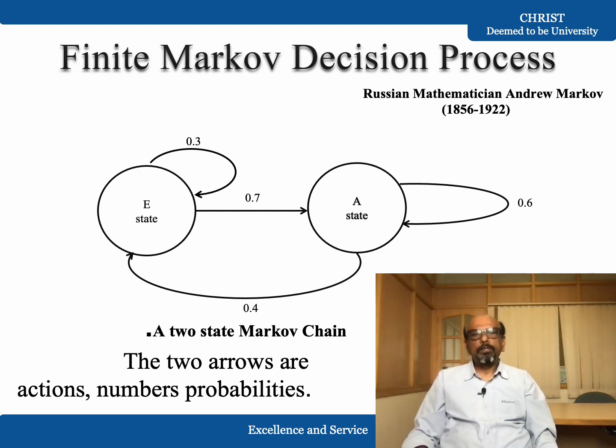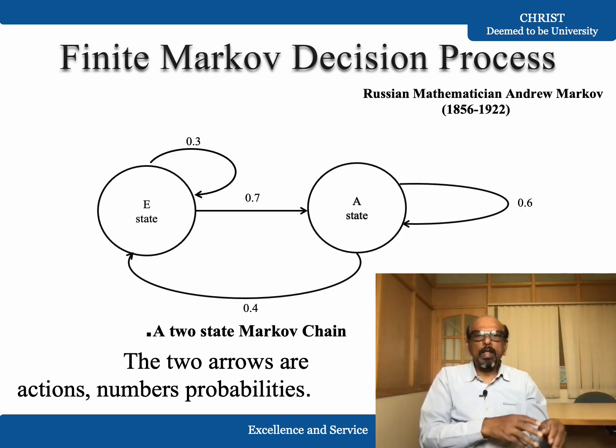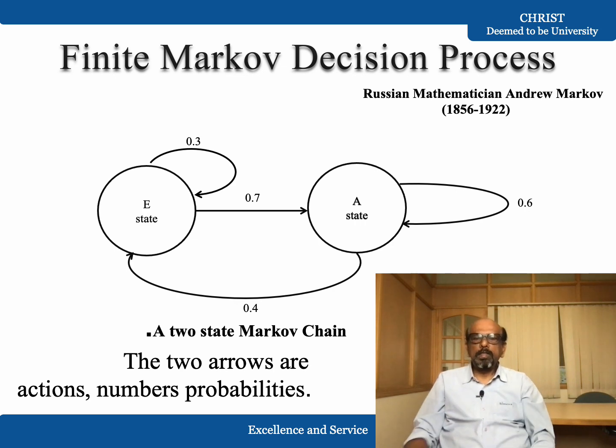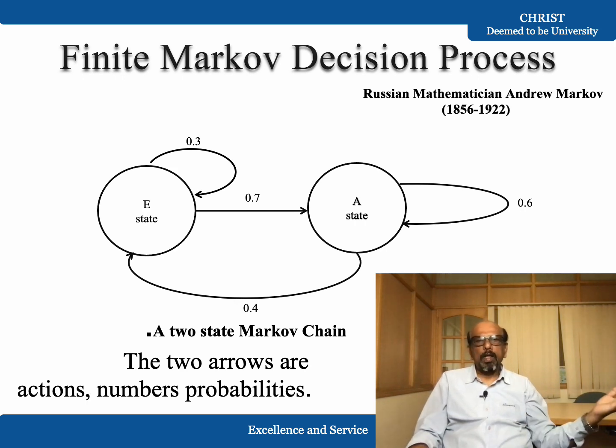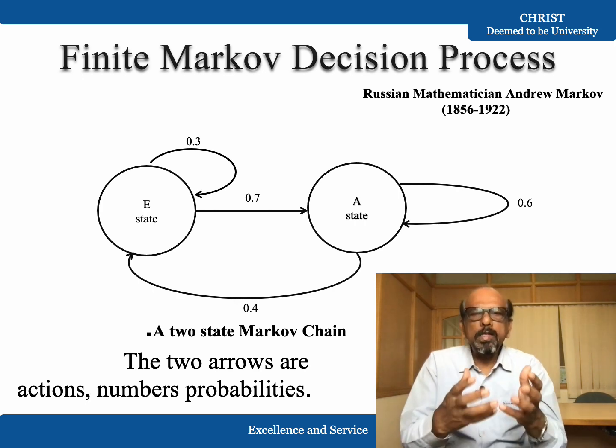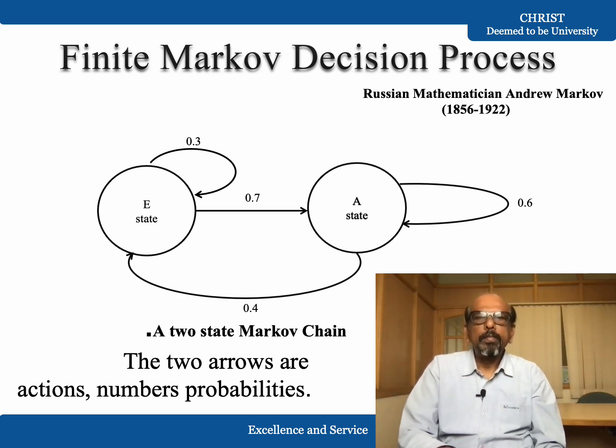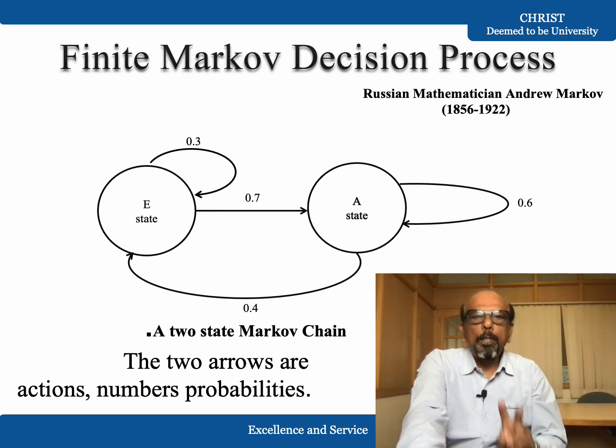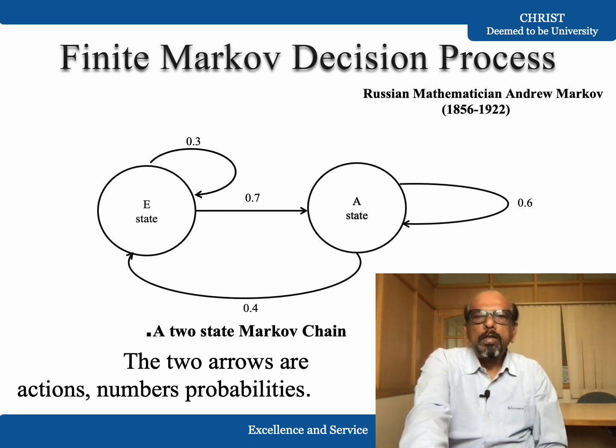For example, supposing there is a state called E, there is a state called A. This is a very simple model in which you are in state A or you are in state E. If you are in state A, there are two possible actions you can do. The first arrow on the right side is one possible action, and there is a downward arrow which is another possible action.